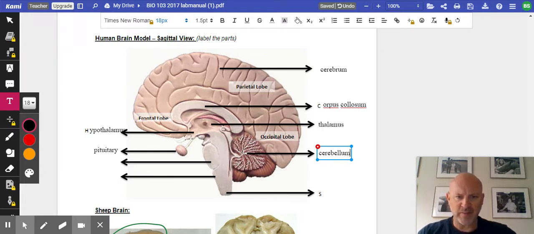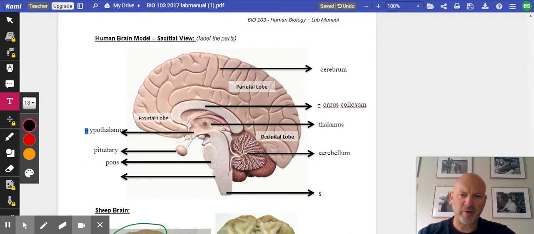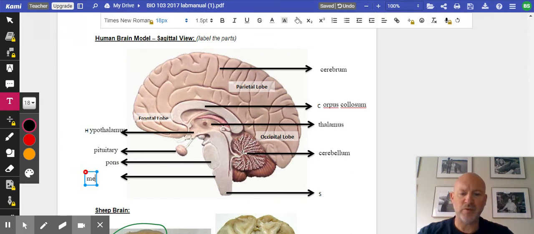In the brainstem here, we have this area up here. This is called the pons. The pons plays an important role in maintaining respiratory rates. And then down here, the lower part of the brainstem is called the medulla.